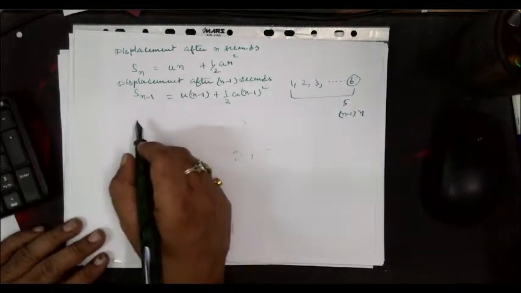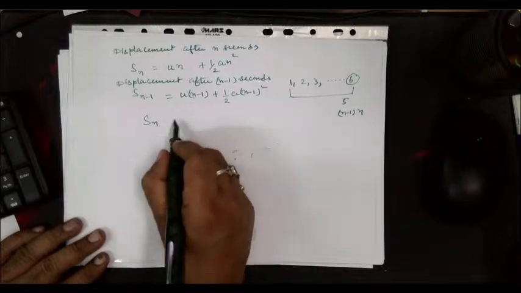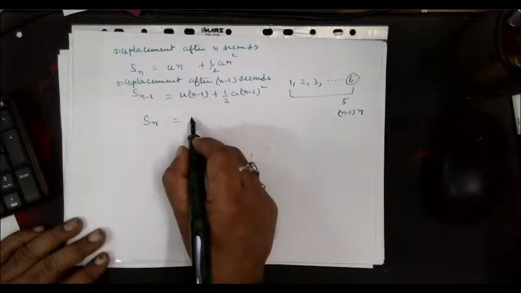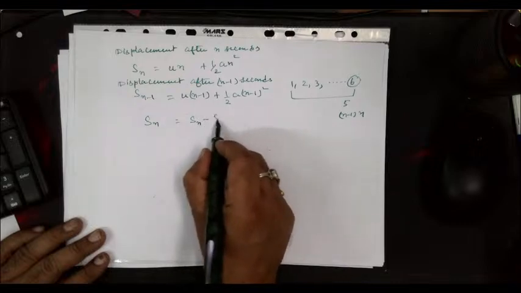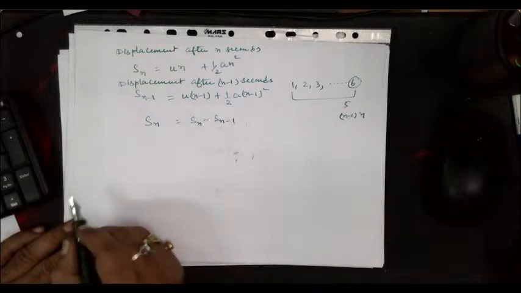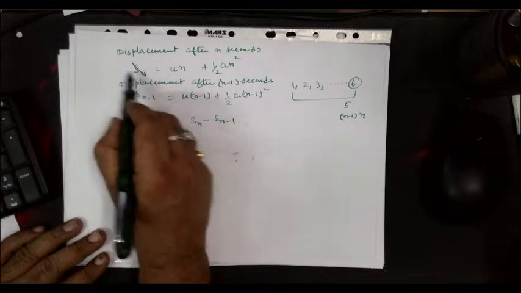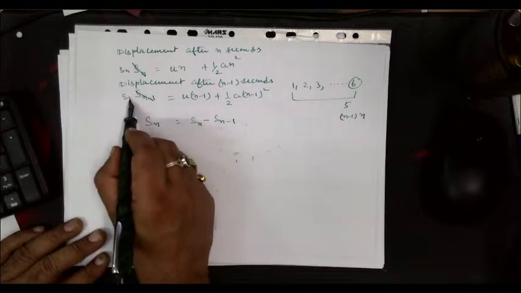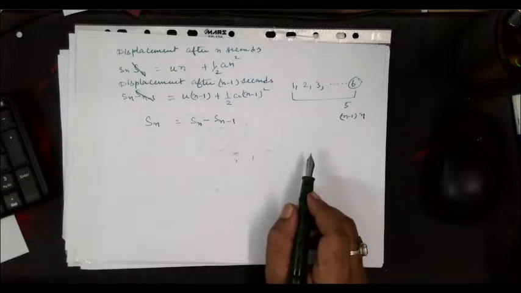In fact, the sn is nothing but the displacement that takes place after n seconds minus Sn minus 1. Okay, this should be represented in small letter, and this should also be represented in small letter, and this is capital letter.